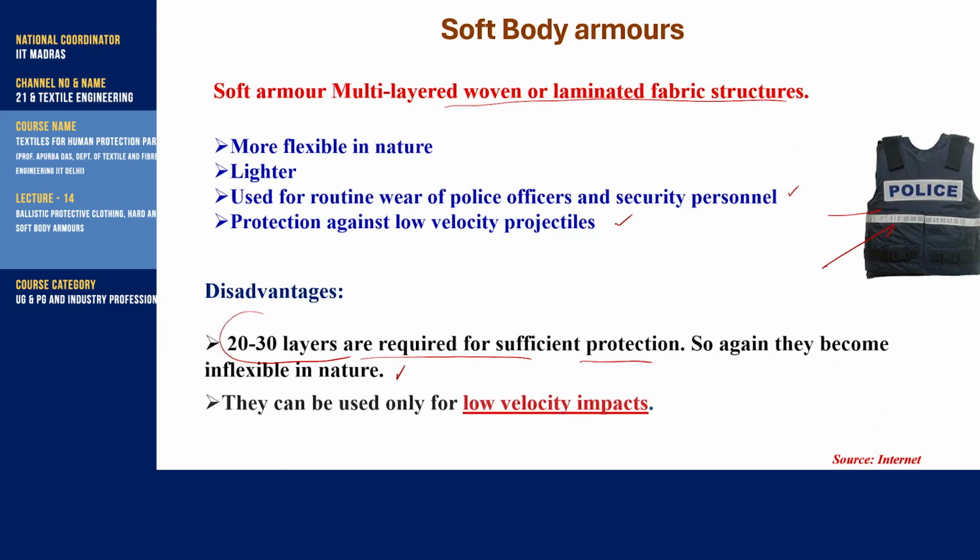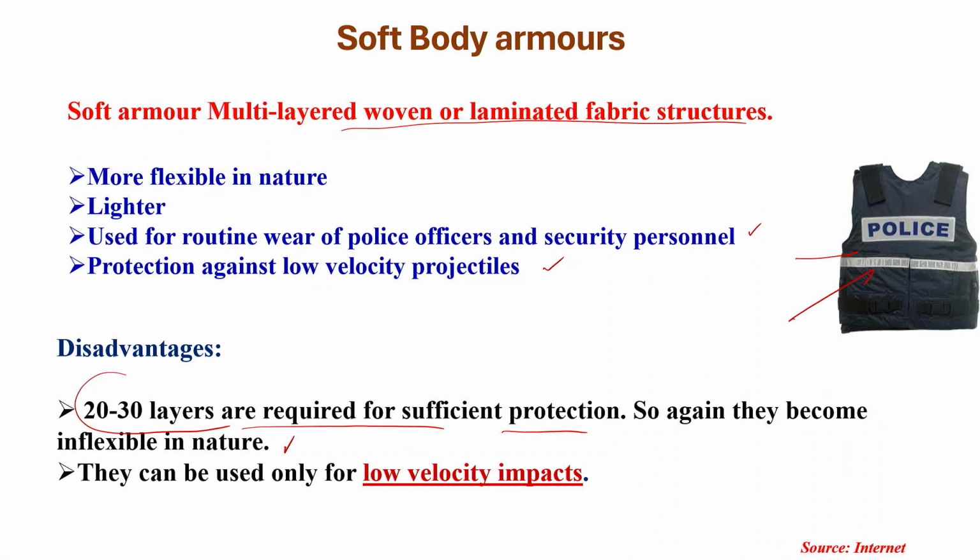That is a disadvantage, and it can only be used for low velocity impact. So, this soft body armor, although lighter in weight, is only used for low velocity impact.